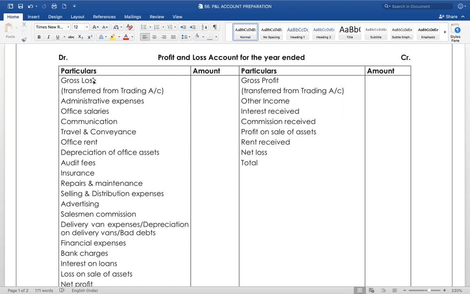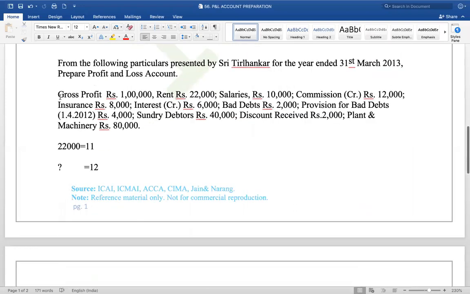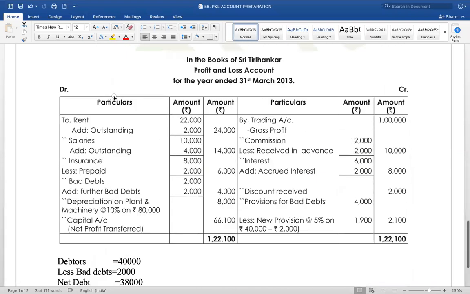If it is gross loss, put it on the debit side as the first item. If you are starting with gross profit, put the gross profit on the credit side as the first item. What is the first item in this example? This is a case of gross profit. Now we are going to start our problem with gross profit.